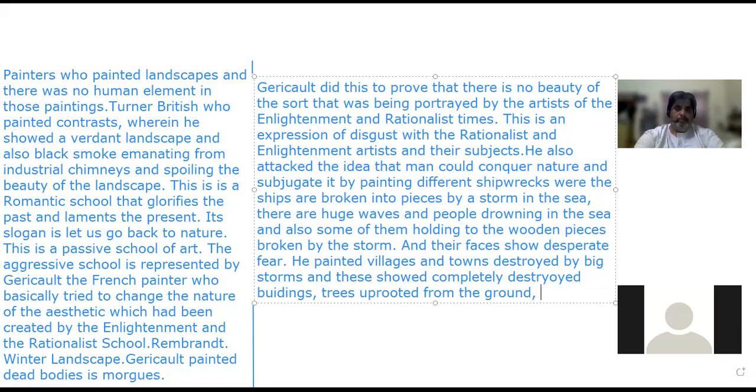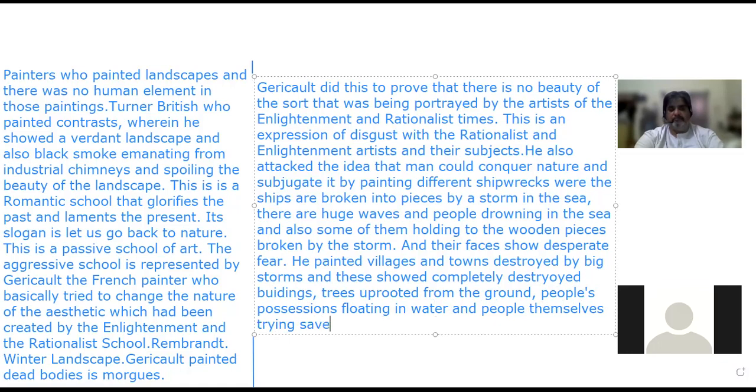People's possessions floating in water, and people themselves trying to save themselves from drowning. So these are the subjects he painted.